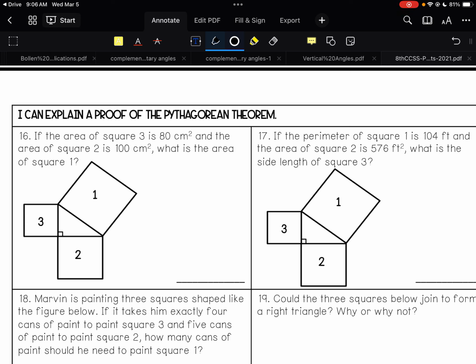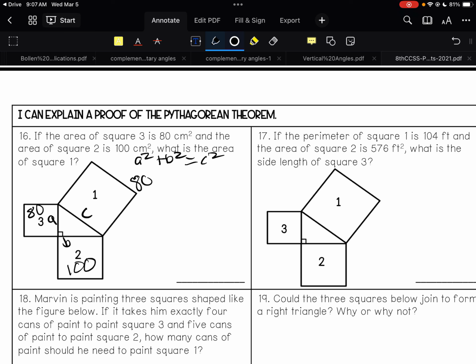So if the area of 3 is 80, the area of 2 is 100, what's the area of 1? So if that is a right triangle, you know that A squared plus B squared is equal to C squared. Well, you know that A squared is already 80 here. We're going to call this A and this B and then this C.